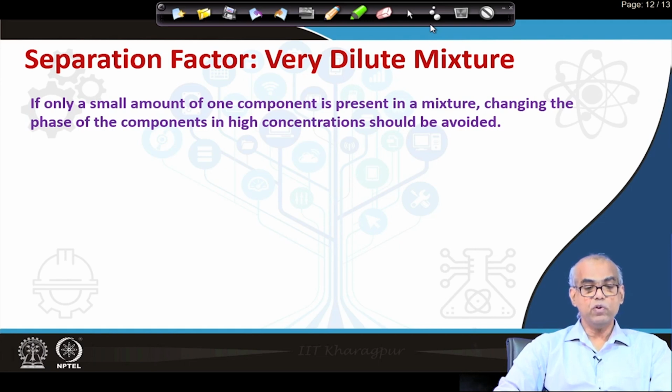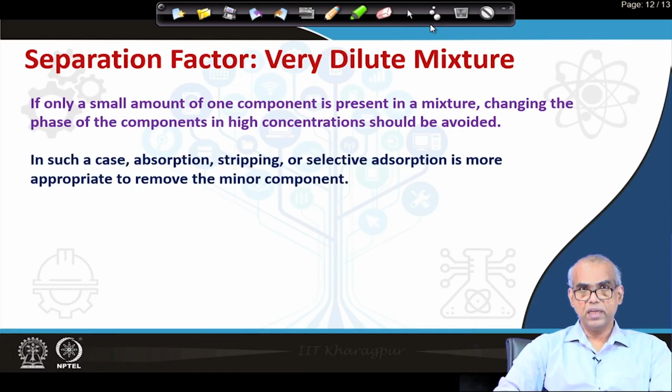When you have a very dilute mixture, you have only a small amount of one component present in the mixture. In such a case, changing the phase of the components in high concentration should be avoided. Adsorption, stripping or selective adsorption is more appropriate to remove the minor component, that means the component which is present in a very small amount.